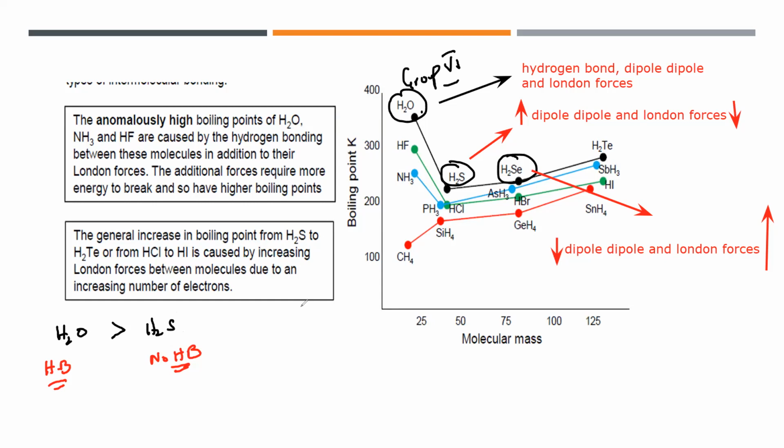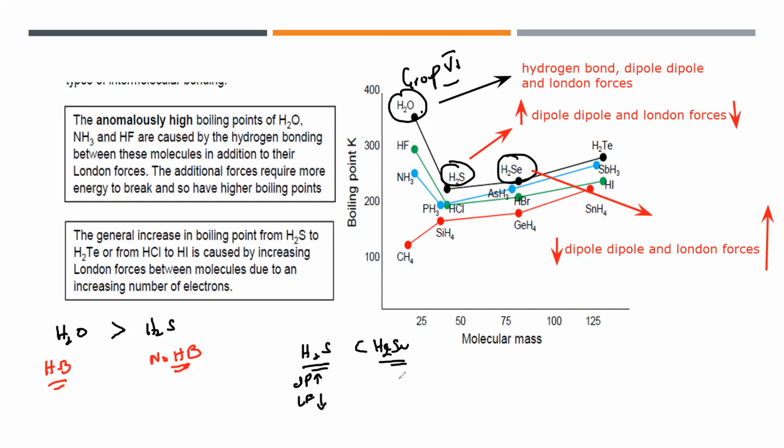When we check the second option, hydrogen sulfide is less than hydrogen selenide. What is the reason for that? Even though H2S has stronger dipole-dipole, and London forces are weaker because of fewer electrons.